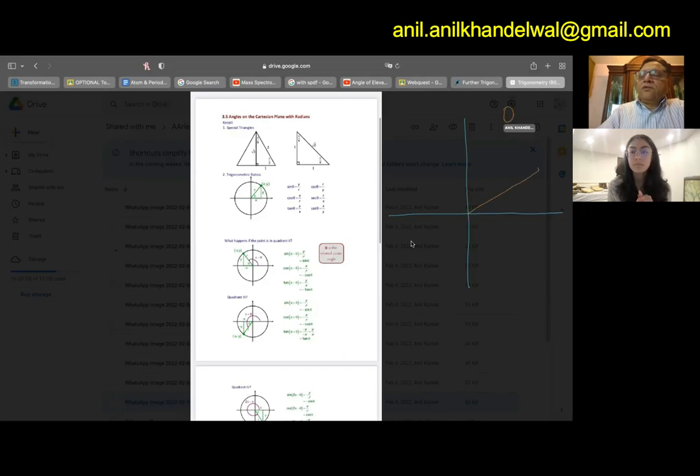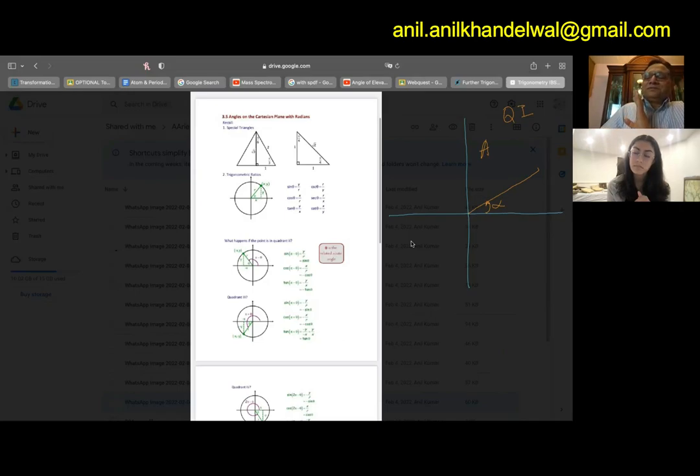All are positive, right? And I'm treating this angle as alpha. Any angle measured counterclockwise from the initial arm, which is the positive x-axis, is the principal angle. So this measurement of principal angle is alpha.